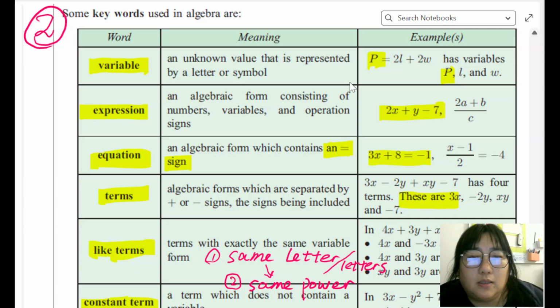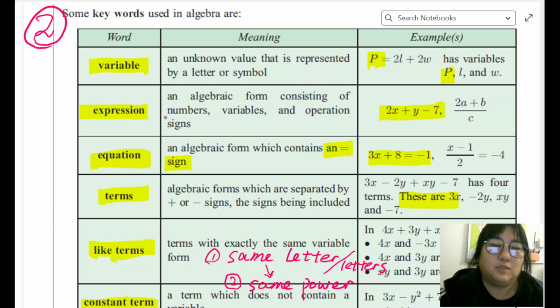Second is expression. In an expression, you can see they have numbers, they have variables, and they have operational signs.